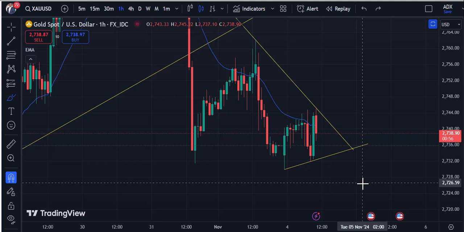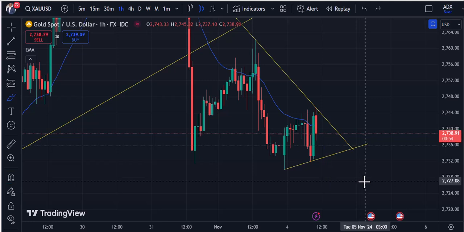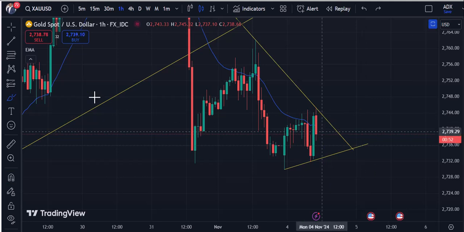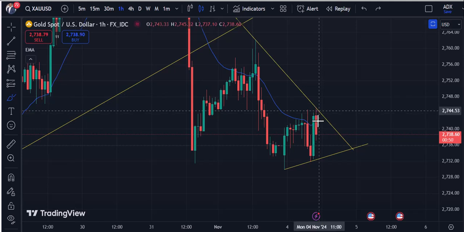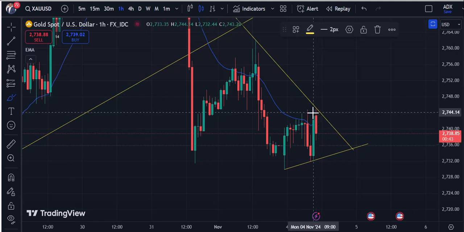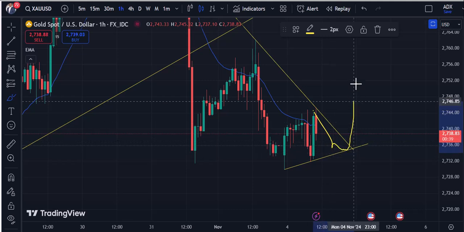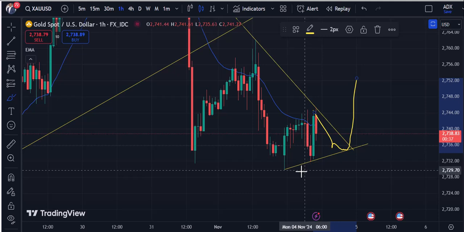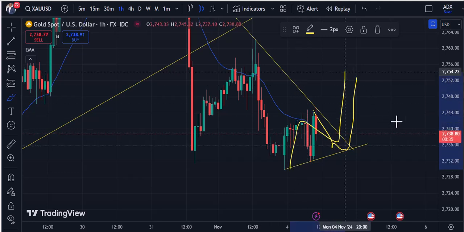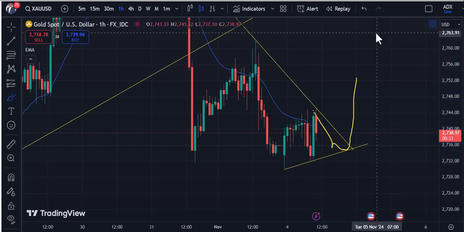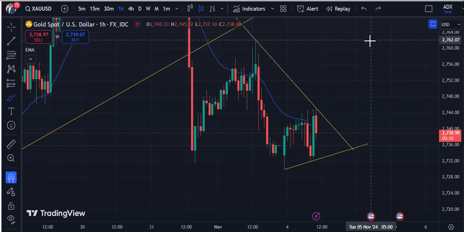Okay, so that is the first scenario that we might be expecting on gold. Secondly, if the market drops here and respects this one, it can push up to break this high, making this more like a complex structure. Okay, so those are the two scenarios we are looking at on gold.